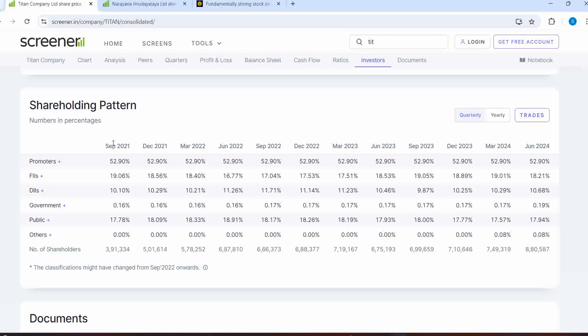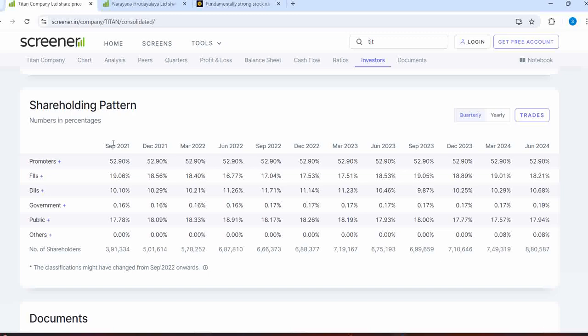What is direction? Whenever FIs are increasing the stake, it means that FIs also think this stock can do good for this quarter or this year. Whereas if FIs reduce their stake, it can give an idea that this stock is going to do badly in this quarter. So be cautious with that.